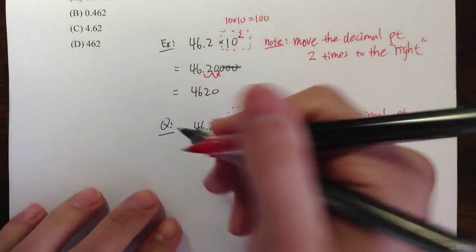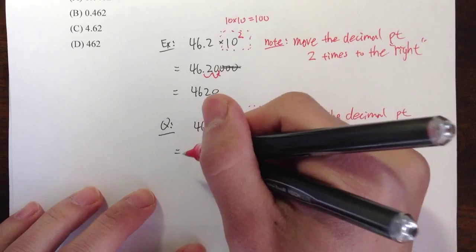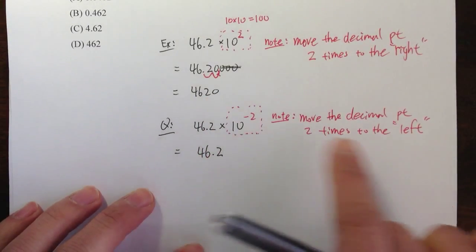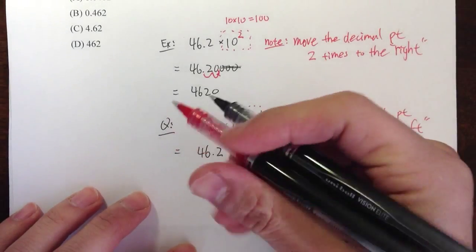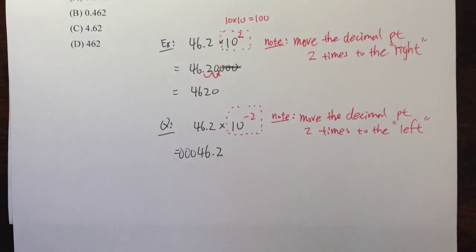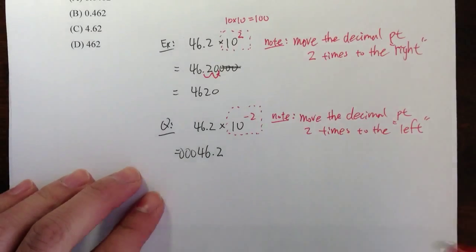Okay, so in this case, let me write down 46.2. Because I know I'm going to move the decimal point to the left, I'm going to put some zeros first before the 46. And again, the zeros before this 46 don't matter, right?